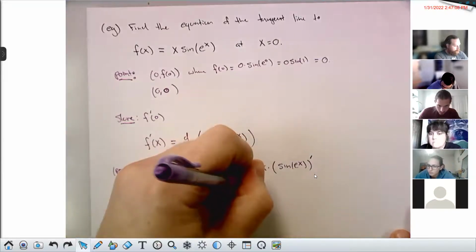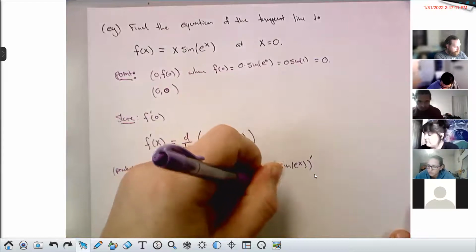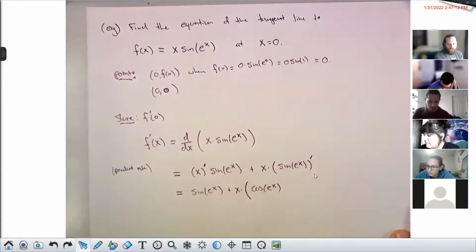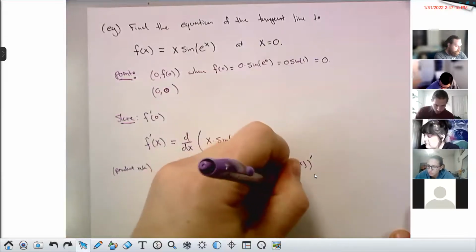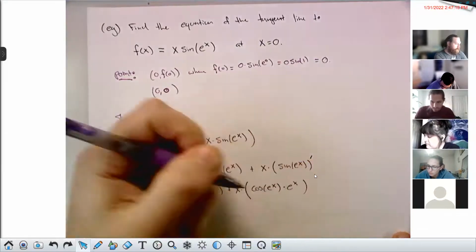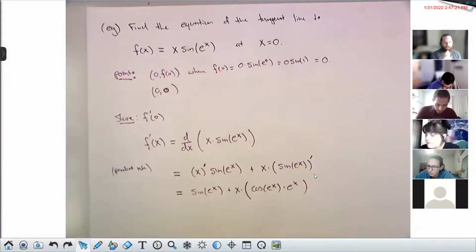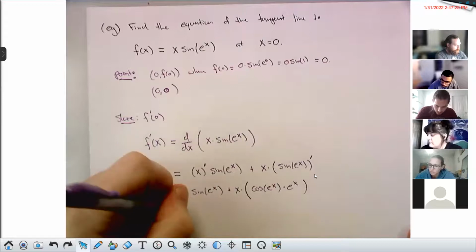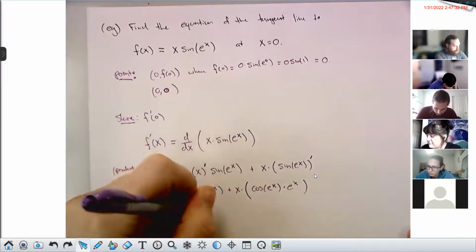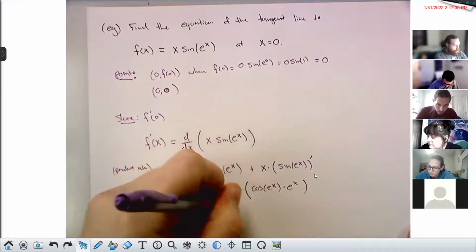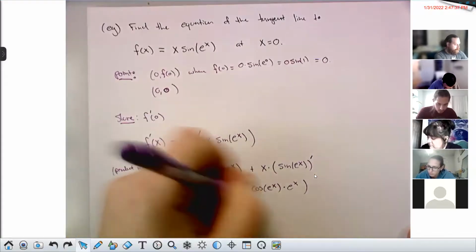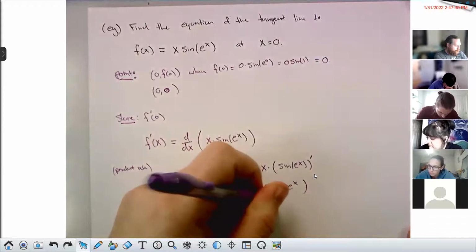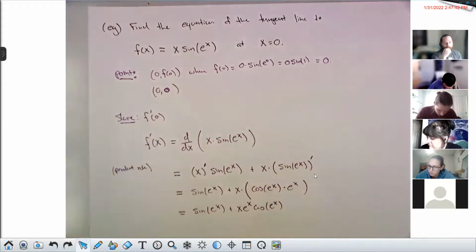So that would be the derivative of the outer with the inner left alone, the cosine of e to the x, times the derivative of the inner. And the derivative of e to the x is just e to the x. We could write this a little more neatly as the sine of e to the x plus x e to the x cosine of e to the x. And that's as nice as this is going to get.